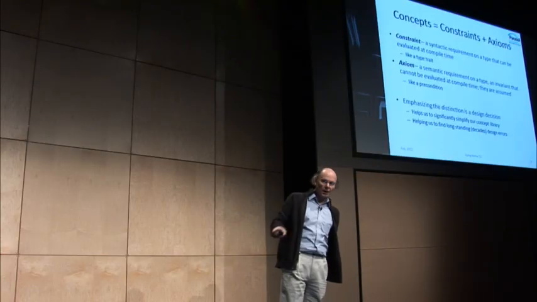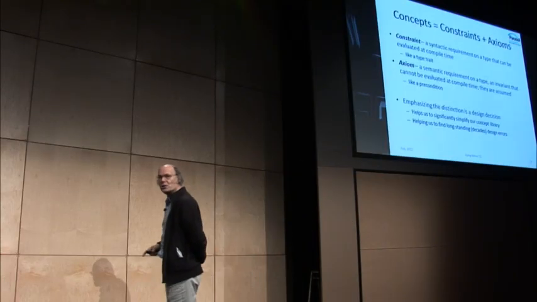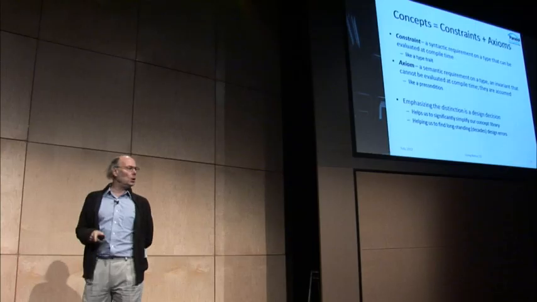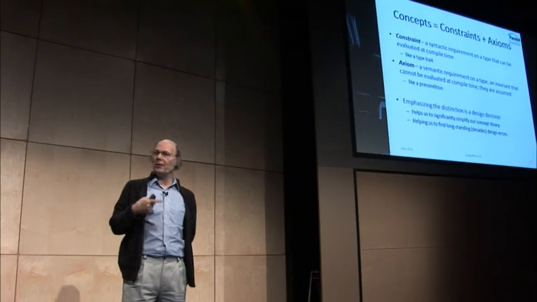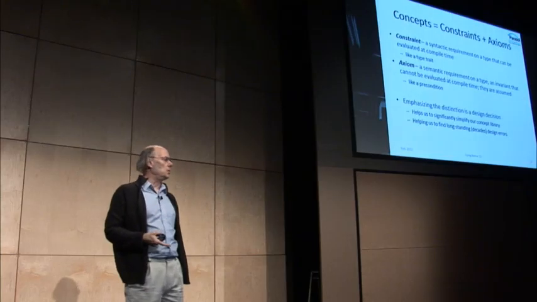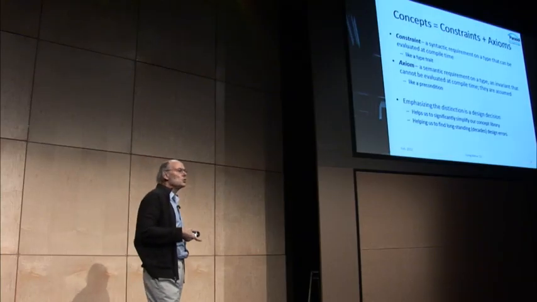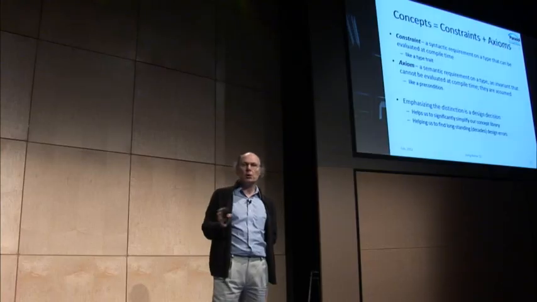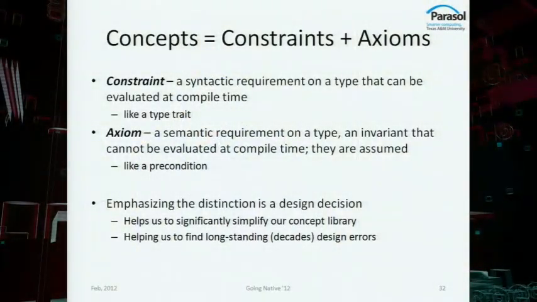We're not going to try and verify the semantics of the various concepts, because usually we can't. It's not available. The axioms are very useful for generating test cases, but it's not a testable thing. We can check whether something has the syntax, but we are asserting that something has the axioms.